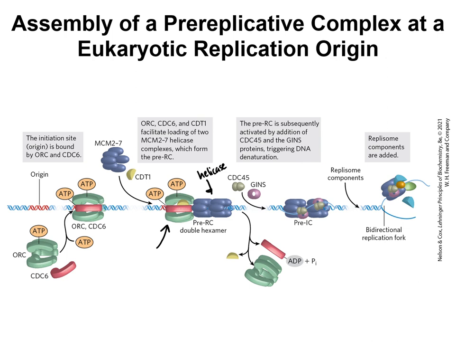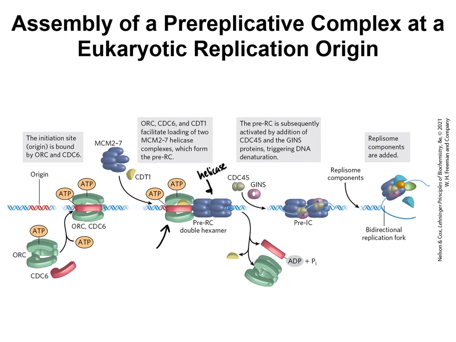Once we have this pre-replicative complex, we have to activate it, and that's the green light. When CDC45 and the GINS proteins are available, they will come along and trigger the DNA that this complex is bound to to denature, and it will also signal for that pre-complex to fall off of the DNA and leave just the helicase.